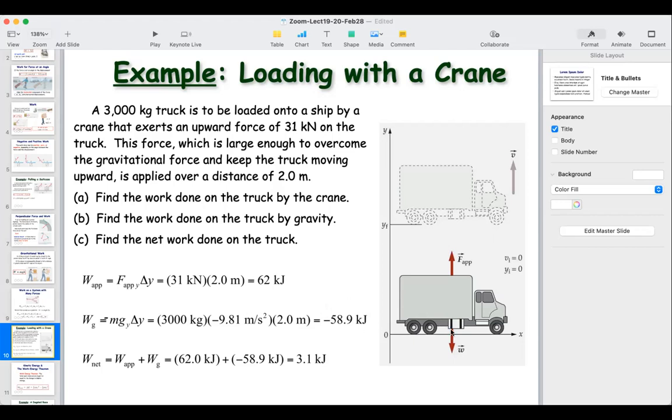Because indeed here the force for gravity is going down, while the y-axis is going up, so it's considered negative.